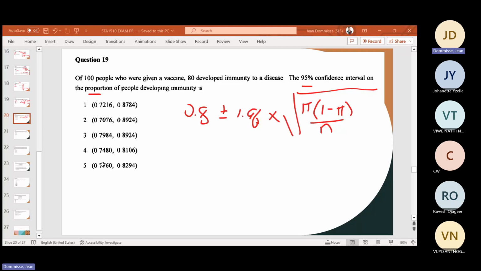And then we need to square root that still, so it will make it bigger at least. The square root of that gives us 0.04. So we're going to have 0.8 plus minus 1.96 times 0.04.